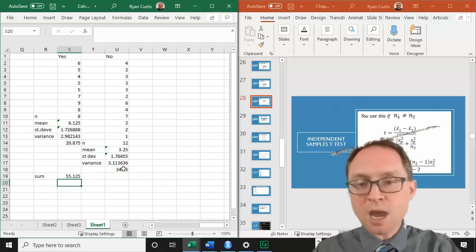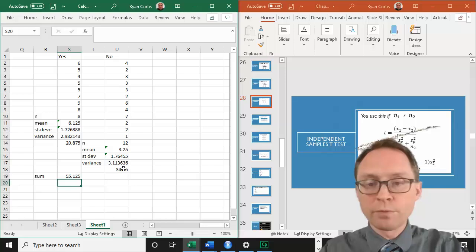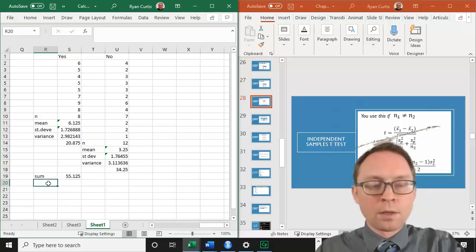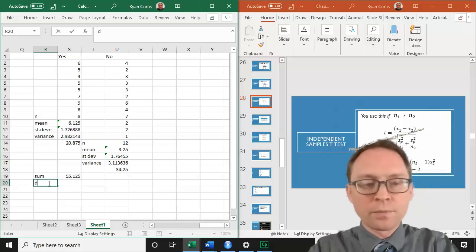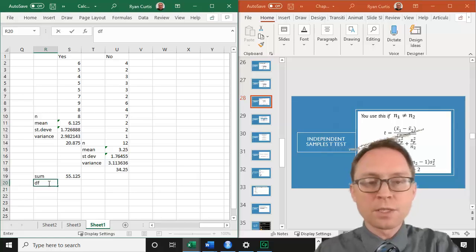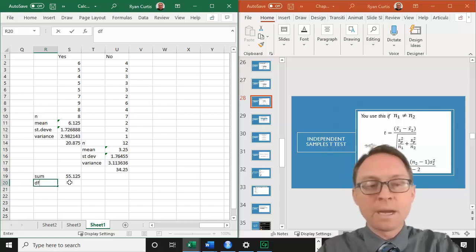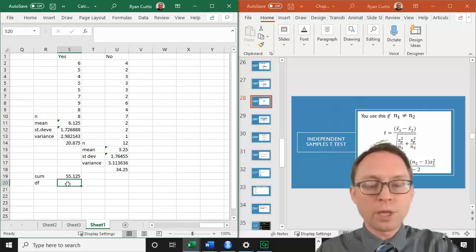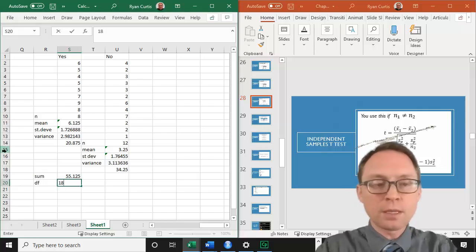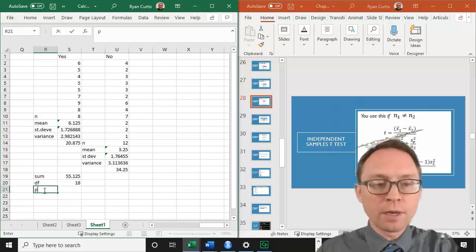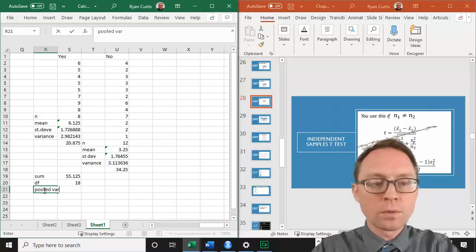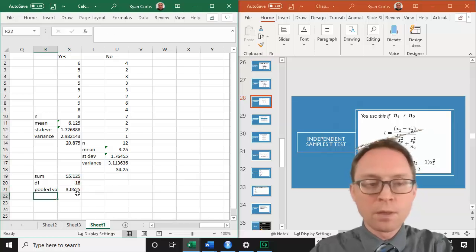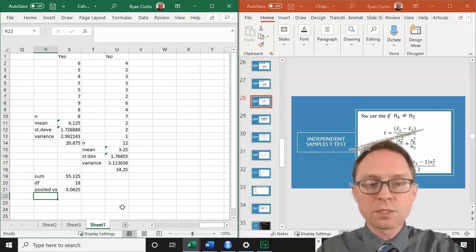That's the top of the numerator of the pooled variance right there, divided by the degrees of freedom. Degrees of freedom is n sub 1 plus n sub 2 minus 2, which they add up to 20, minus 2 is 18. And then the pooled variance is this divided by the degrees of freedom right there, 3.0625.